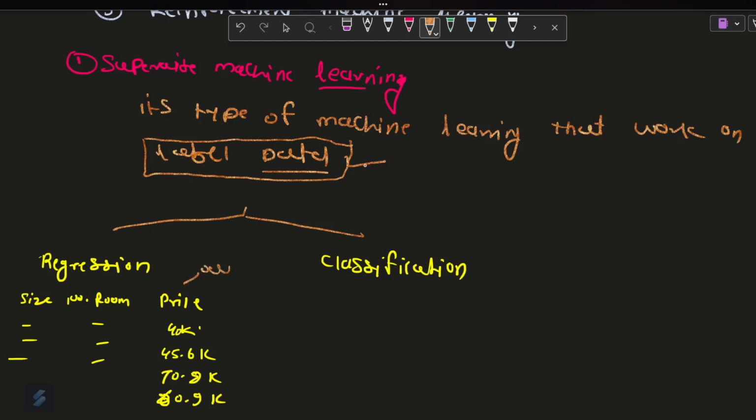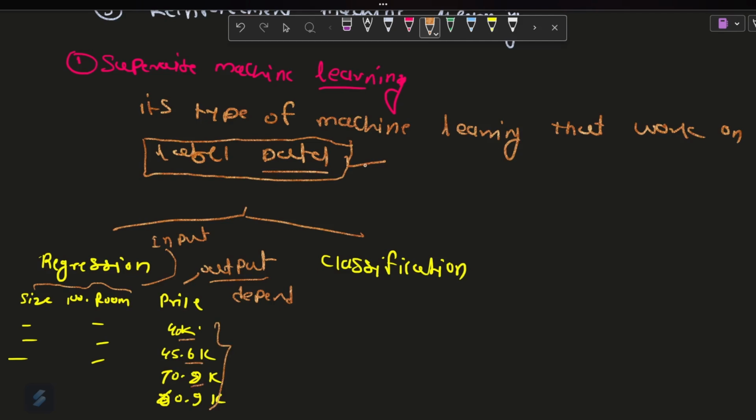This is the output, or dependent feature, and these two are the input features, or independent features. So to understand a regression or classification problem, you just see the output of that data set. If these are continuous values, we consider it a regression problem.